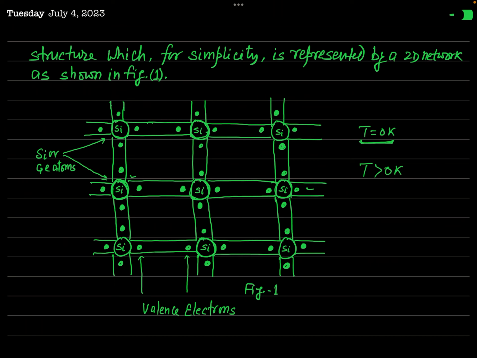Let us see. When the temperature is raised, these bonded electrons gain thermal energy. And when they gain a sufficient amount of thermal energy, the covalent bonds will get broken.